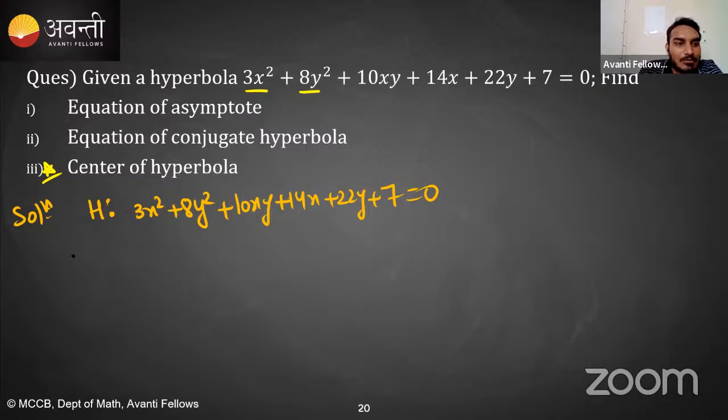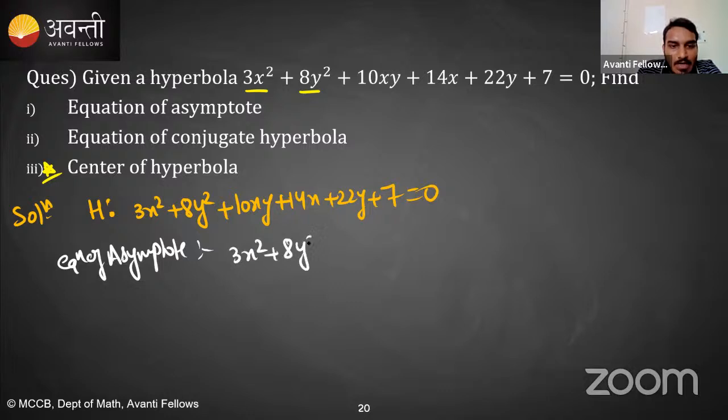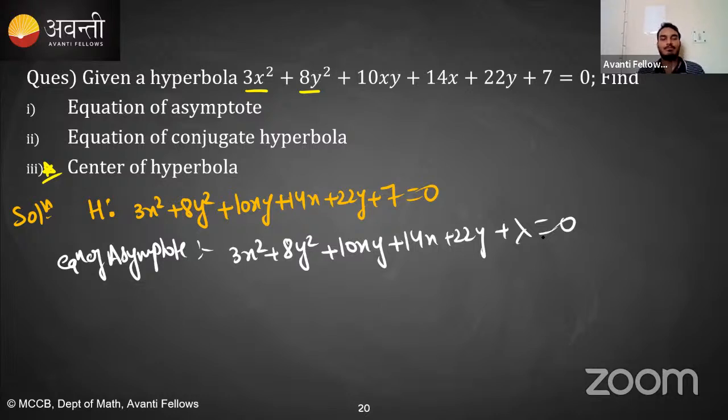Tell me the equation of asymptote. It would be 3x square plus 8y square plus 10xy plus 14x plus 22y plus lambda equal to 0. Yes or no? This should be the equation of asymptote.